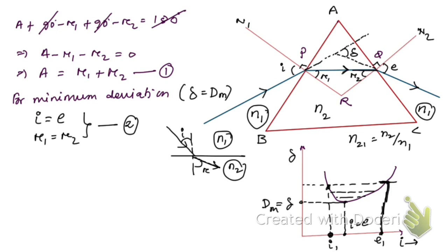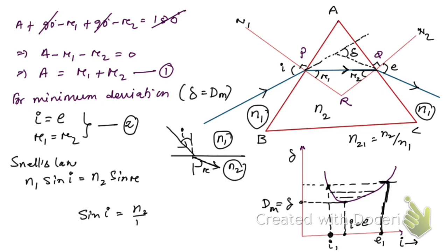In that case, by Snell's law, we can say that n1 sine I is equal to n2 sine r. You can also write it like this, sine I by sine r equals n2 by n1, and n2 by n1 means n21. You can write n21, but now we are not going to write this one because now I am going to show you how I have got this r1 equal to r2.